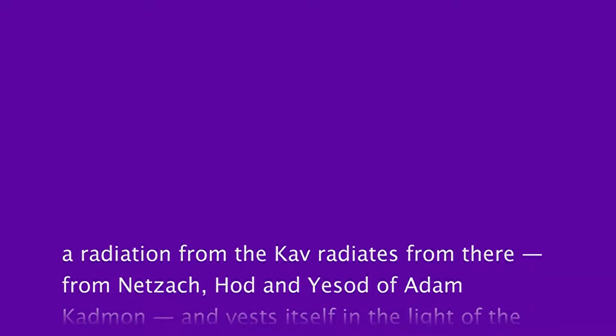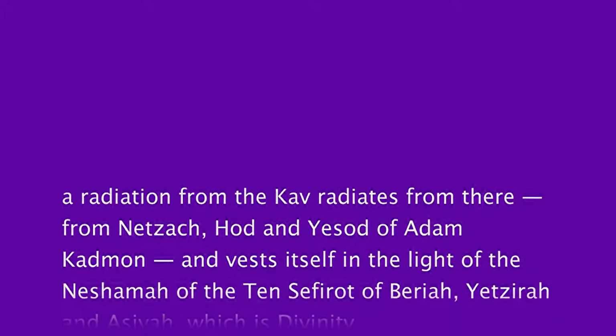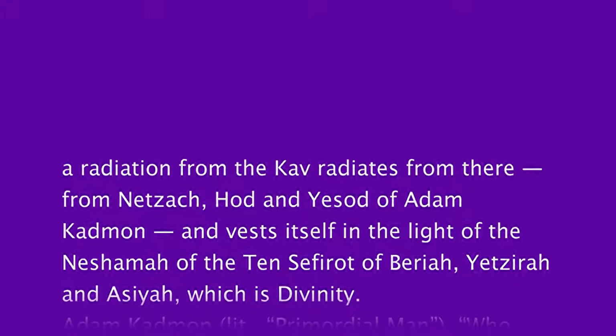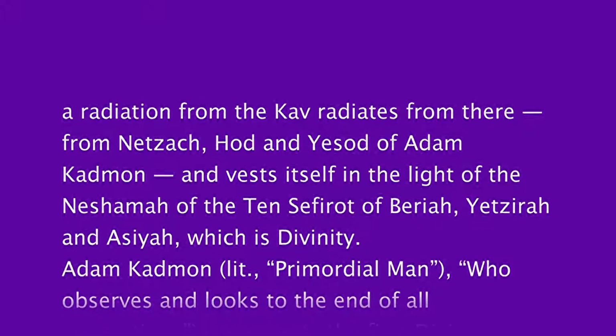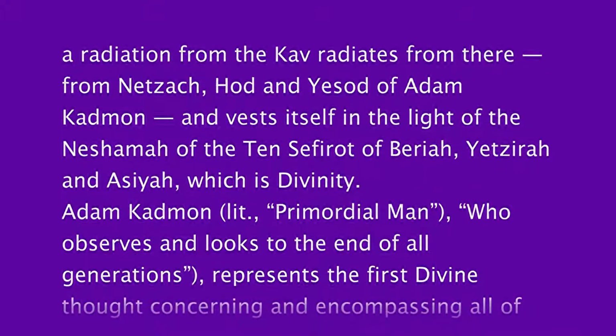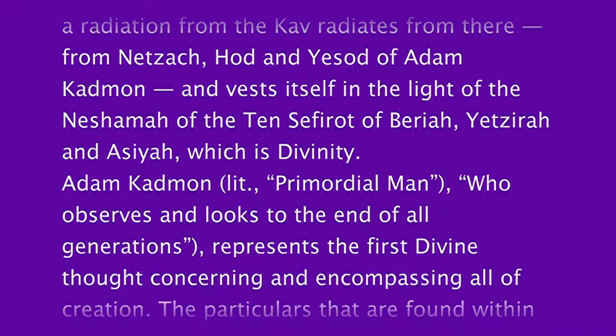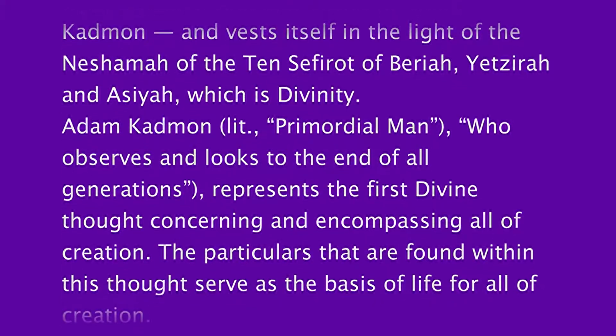Radiation from the Kav radiates from there, from Netzach and Yesod of Adam Kadmon, invests itself in the light of the neshama of the 10 Sefirot of Beriah, Yetzirah, and Asiyah, which is divinity. Adam Kadmon, literally primordial man, who observes and looks to the end of all generations, represents the first divine thought concerning and encompassing all of creation.